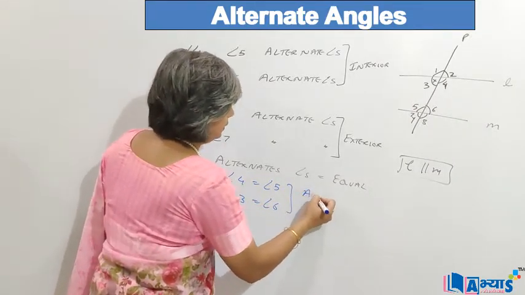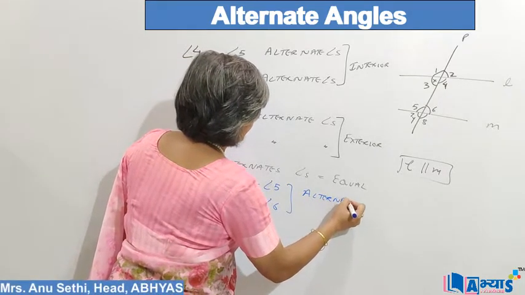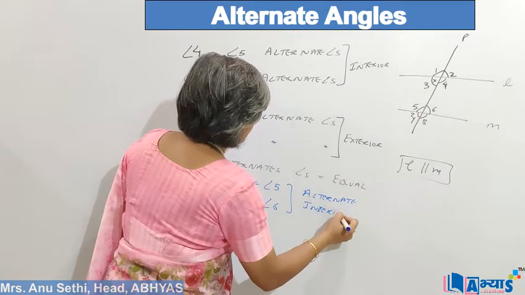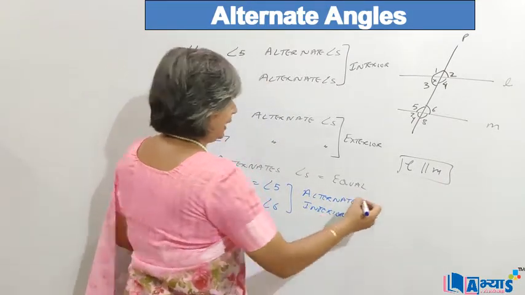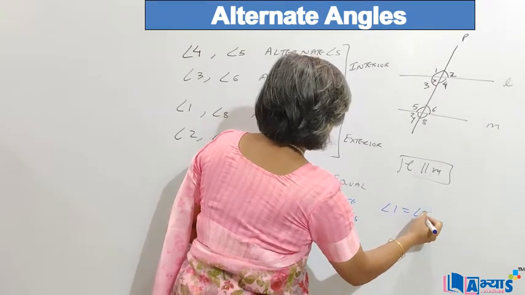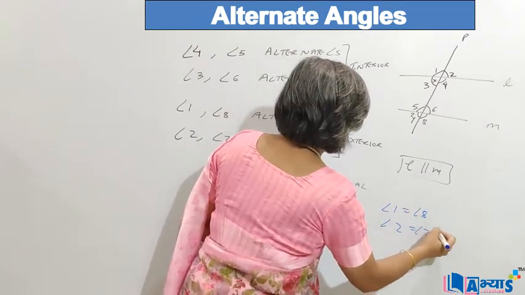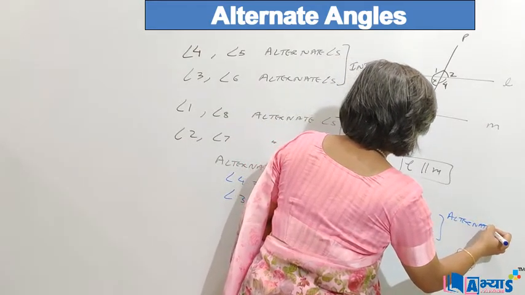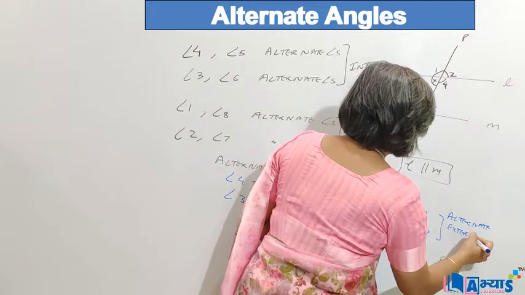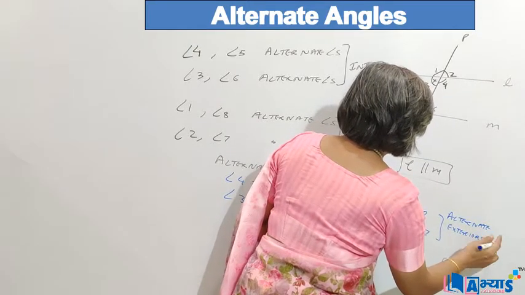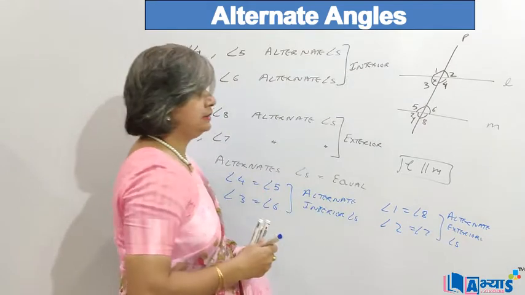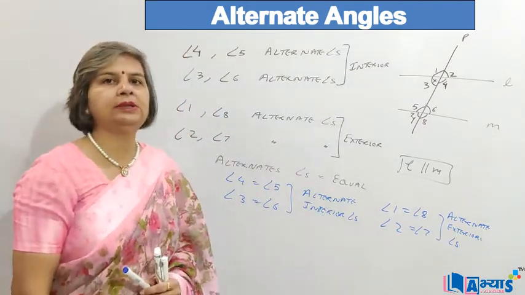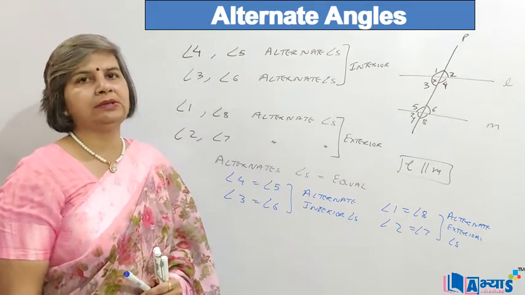They are alternate interior angles. Similarly, angle 1 is equal to angle 8, and angle 2 is equal to angle 7. They are alternate exterior angles. So when the lines L and M are parallel to each other, the alternate interior angles are equal and the alternate exterior angles are equal.